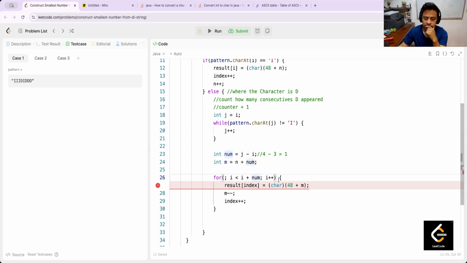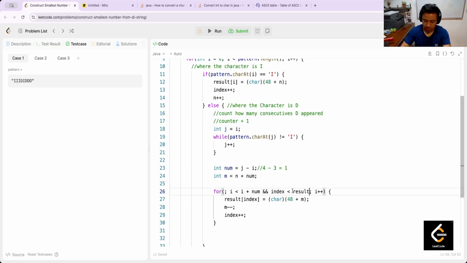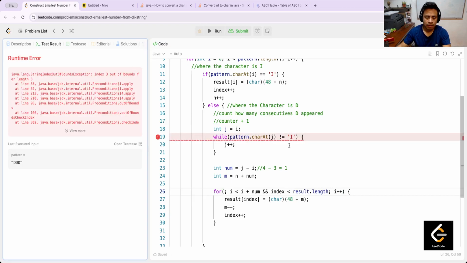I think that is for this. And index minor that result.length. DDAI. Same.